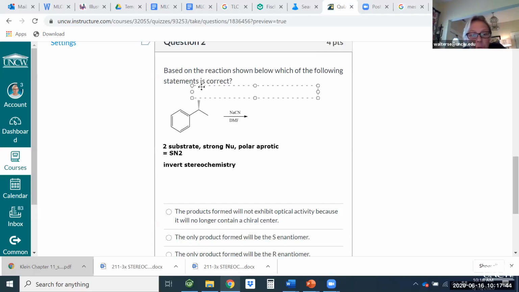So let's see, the bromine is going to be 1, the ring 2, the methyl is 3, and then the hydrogen that's not drawn is 4, but it's in the wrong position. It's coming at you instead of away from you. So this looks like it's S, but because of that hydrogen in the wrong spot, it's R. So with complete inversion, the only product will be S.